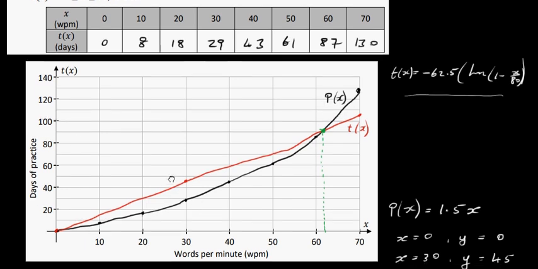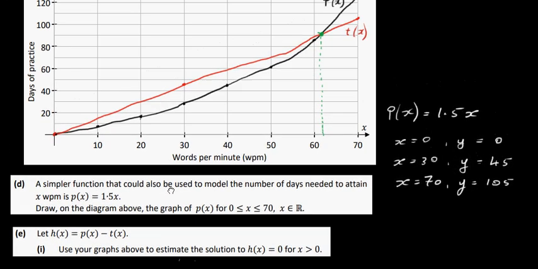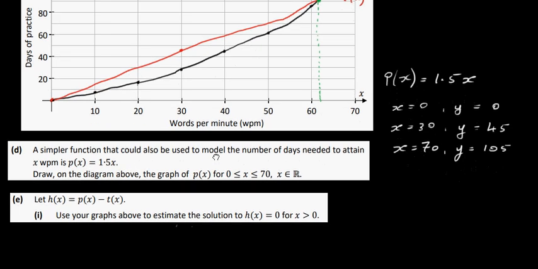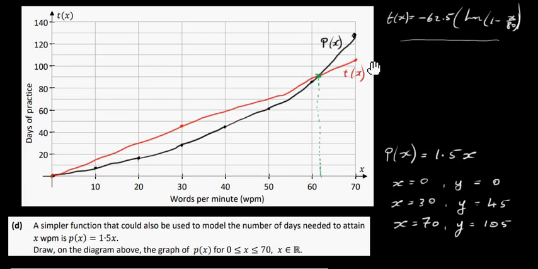Now, let's have a look at the next part. A simpler function that could also be used to model the number of days needed to attain x words per minute is p of x, which is 1.5x. Now we have to draw on the diagram above the graph of p of x. So this is a straight line here, and I've actually, let me just redo that.